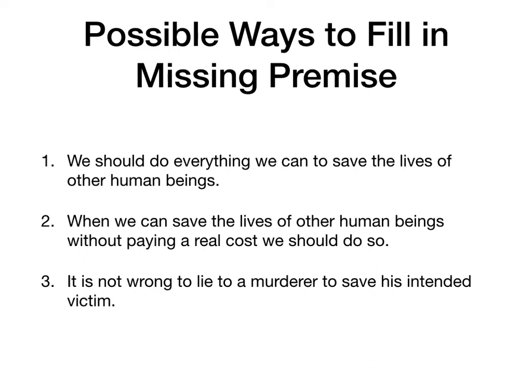They don't talk about murderers and victims. But three is in this Goldilocks zone. It's strong enough to get you our conclusion, but it's not so strong or out there that people would just reject it, right? We'll talk a lot more about this stuff about premises being controversial or non-controversial.